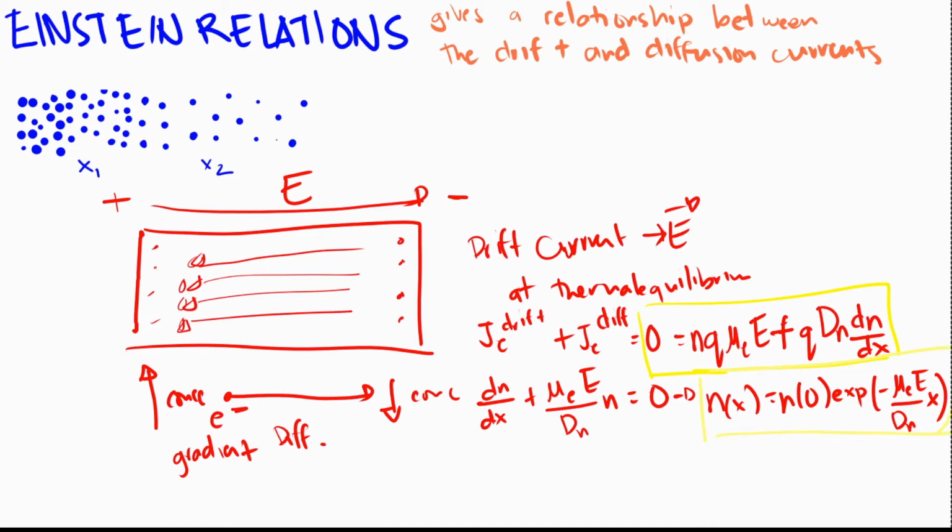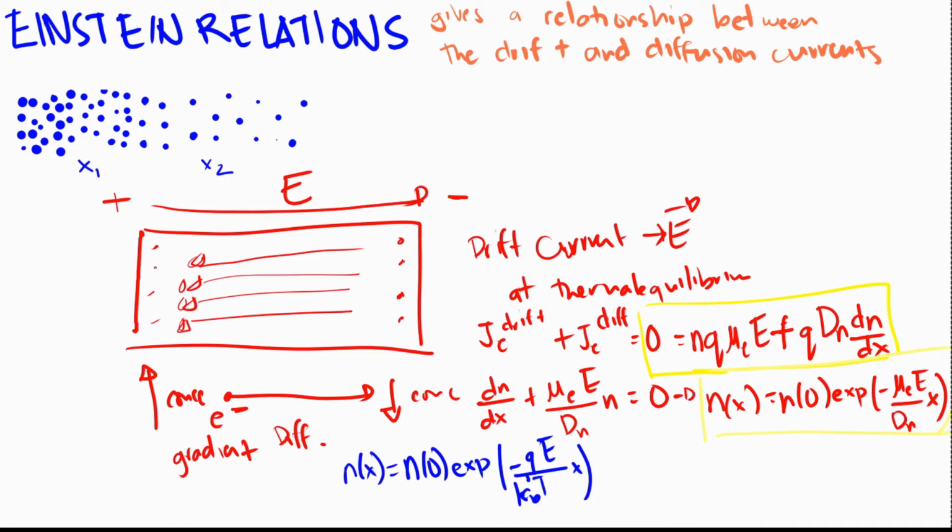Meanwhile, for non-degenerate semiconductors, from the Boltzmann statistics, the electron concentration is n(x) is equal to n naught exponential of negative QE over kBT x.